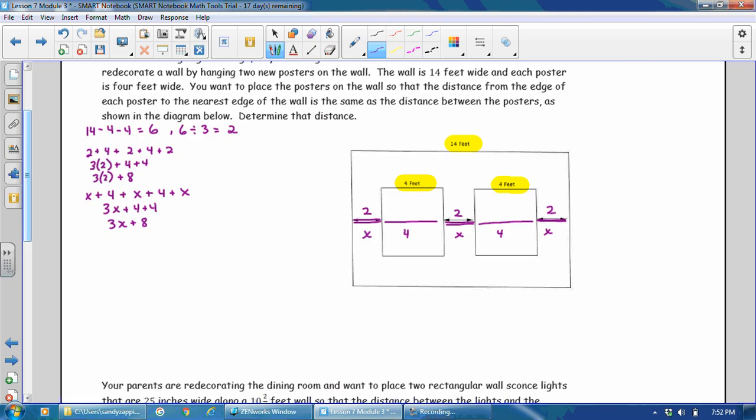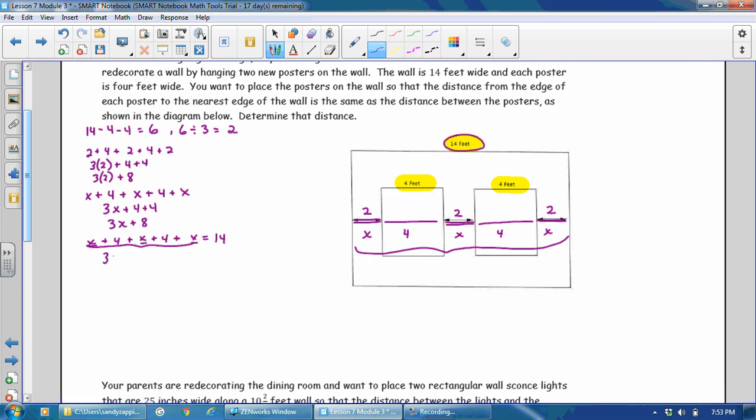Again, setting this expression, which is the distance for the whole wall, equal to the whole wall will give us an equation. So we'll write that as x plus 4 plus x plus 4 plus x. And again, that is the distance for the whole wall, and we know that that is equal to 14 feet. Now let's combine those like terms, x, x, and x.